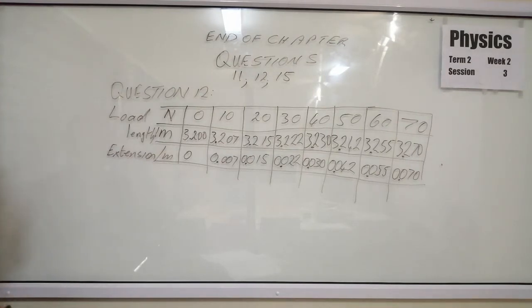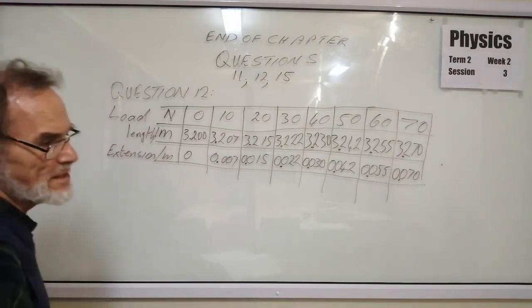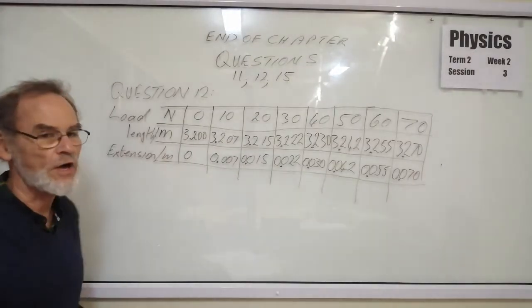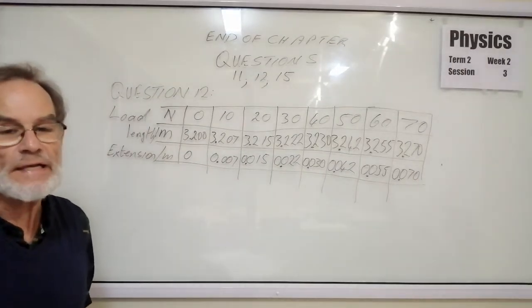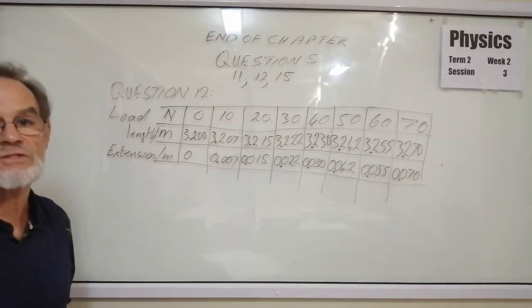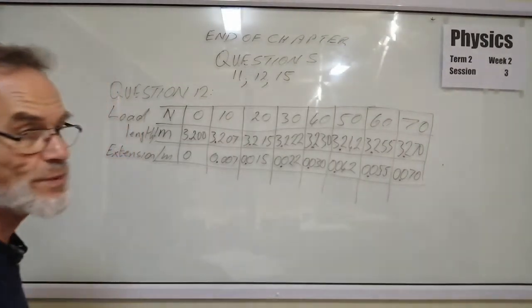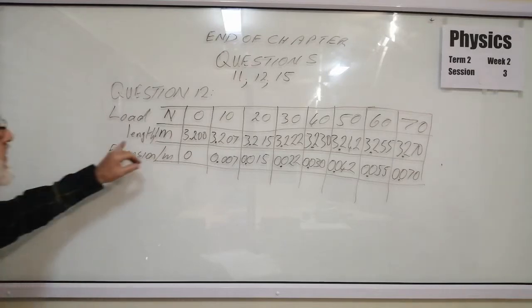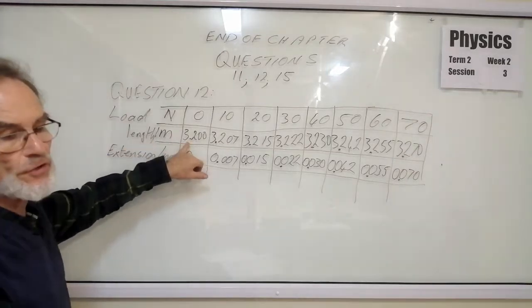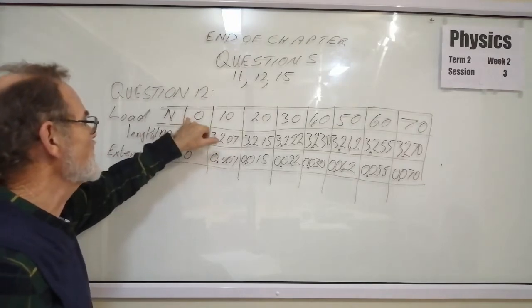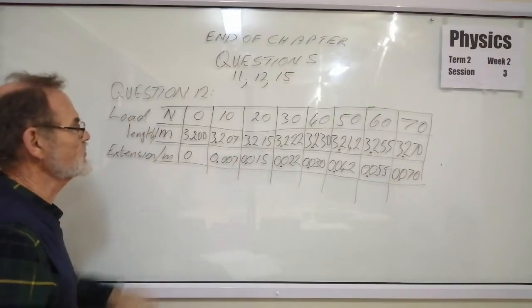Okay, so these are clumsy numbers to work with, so we need to simplify it. It's going to help if you have already done the mathematics section on standard notation or scientific notation, because we're going to use some of that here. That is the length. So this was the original length of the spring, 3.2. Here was no load, so there's no extension.